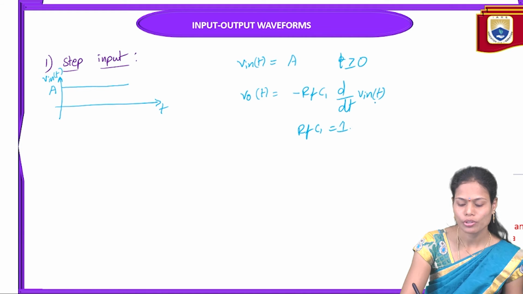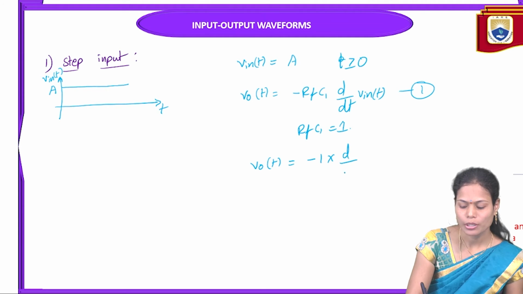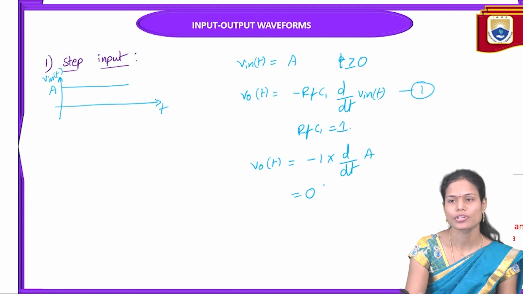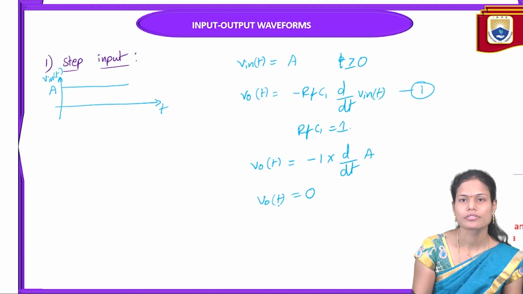And what is my input voltage? A. So I am going to substitute these two values in equation 1. So my V naught of t is equal to minus 1 into d by dt of A. The differentiation of A is nothing but 0, because it is a constant. So V naught of t, we are getting here as 0.